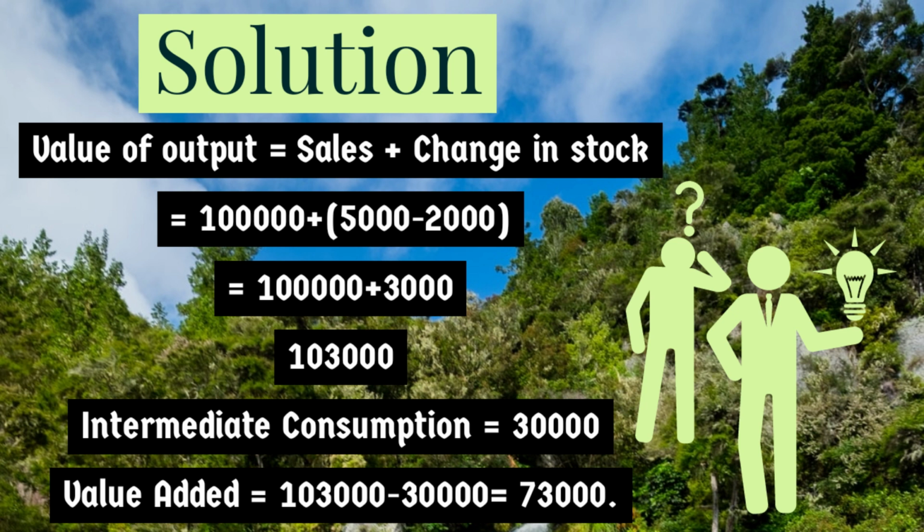So 5,000 minus 2,000, change in stock will be 3,000. So value of output will be 1 lakh, that is sales, plus 3,000, that is change in stock. So the value of output will be 1 lakh 3,000. Intermediate consumption is 30,000, that is the cost of raw material. So the value added will be value of output minus intermediate consumption. 1 lakh 3,000 minus 30,000, that is 73,000.